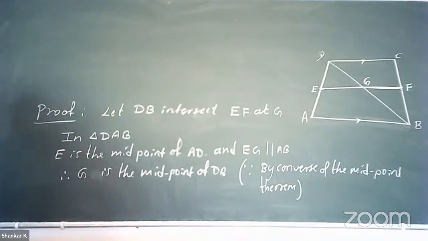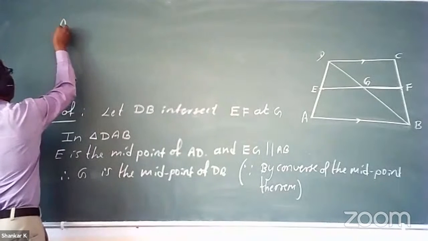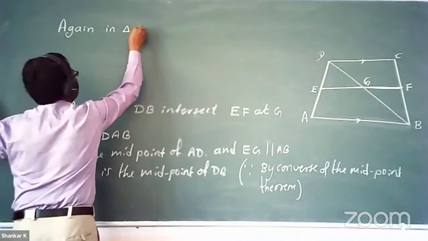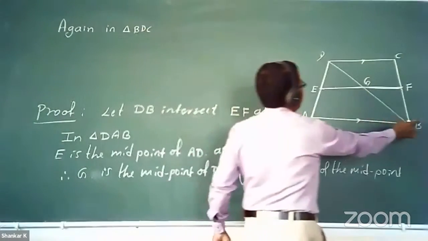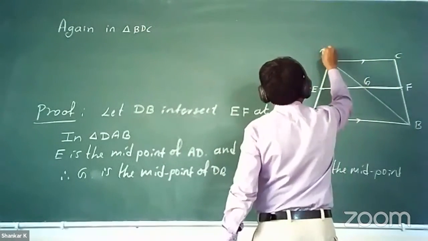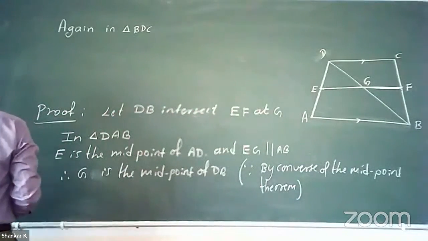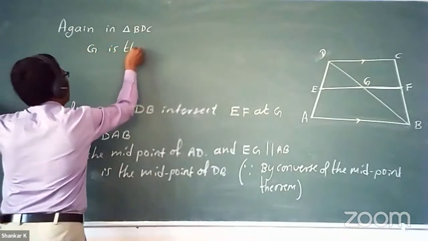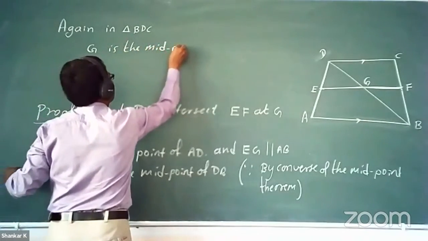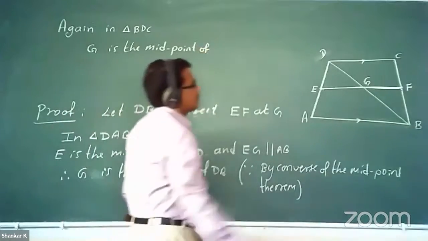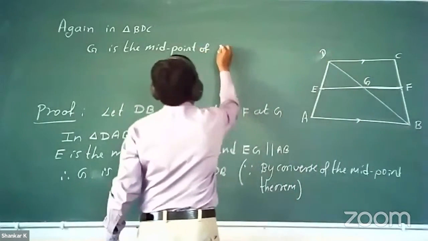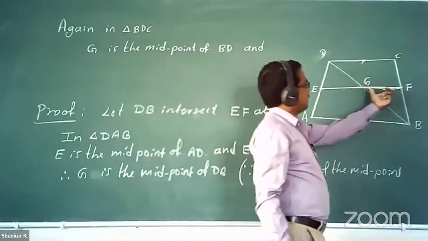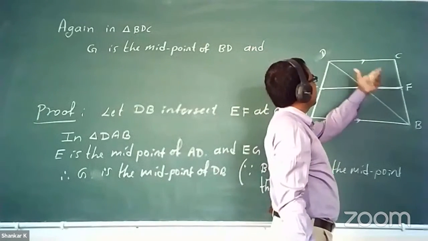Similarly, in another triangle, triangle BDC, G is the midpoint of BD, and GF is parallel to AB, and also to CD.